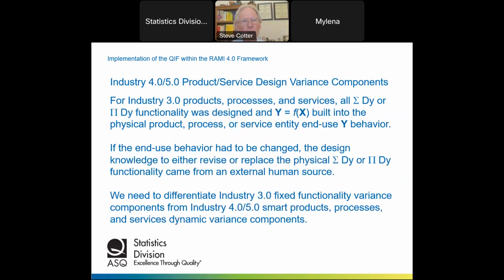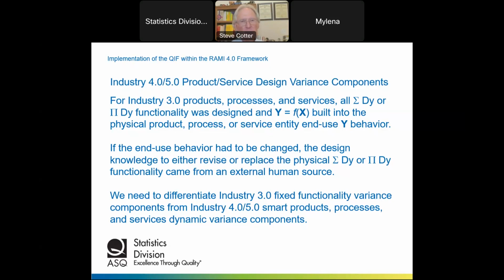For Industry 3.0 products, processes, and services, all of these additive or multiplicative dy functionality designs, y equals f of x, were built into the physical products or service end-user y behavior.